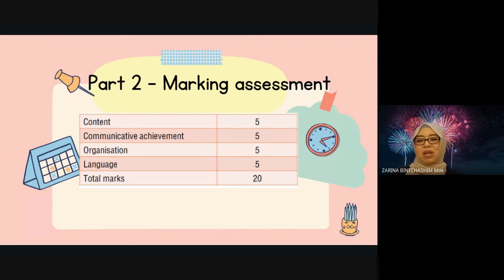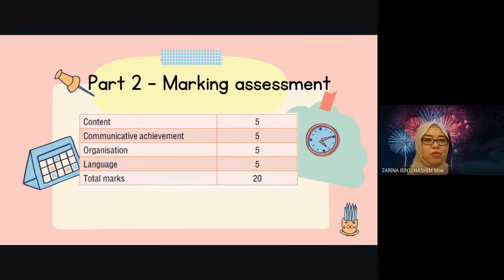So maksudnya macam tadi part 1 tu kamu jawab je 3 soalan tu, content sama. Content is the same for all 3 parts. But for CA, organisation dengan language ni, dia punya pemberatan tu is different for part 1 to part 3.